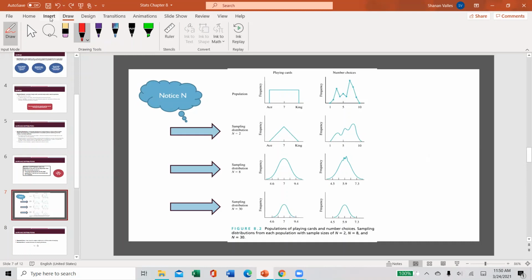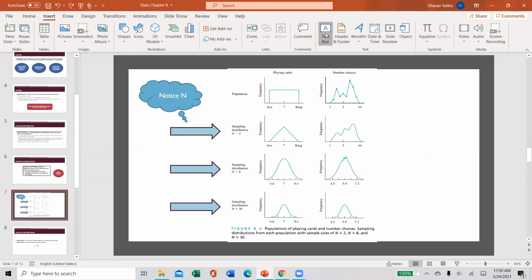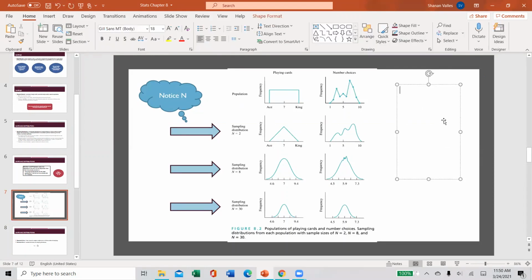I'll write it. I'm going to insert a text box and I'll type it. As n increases, the variability decreases.